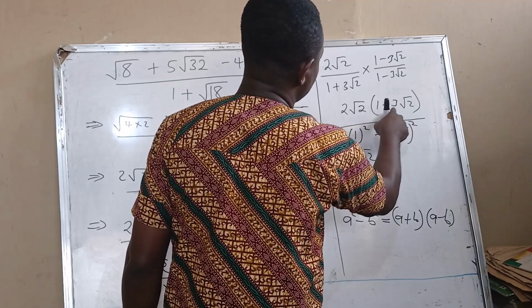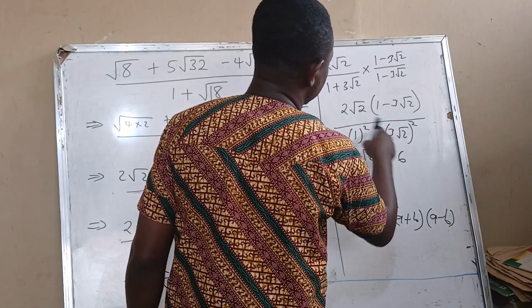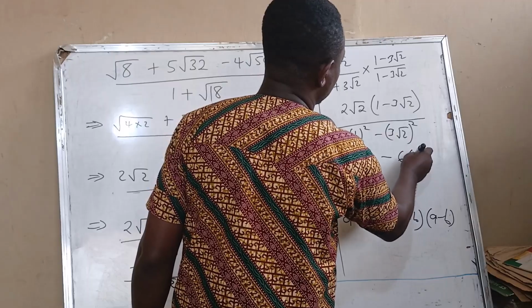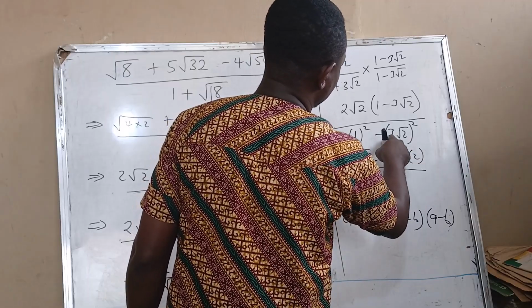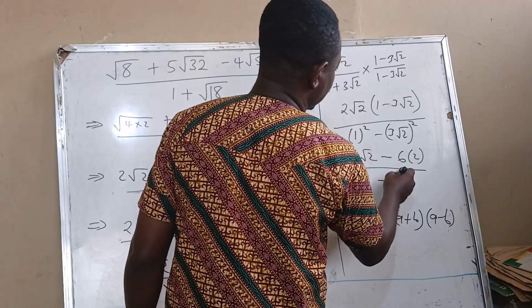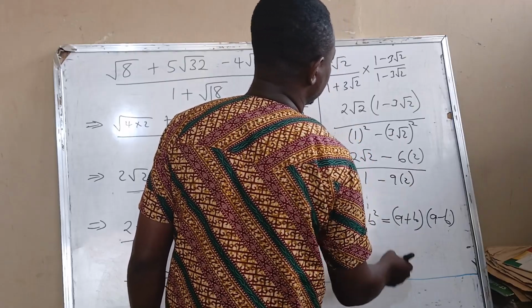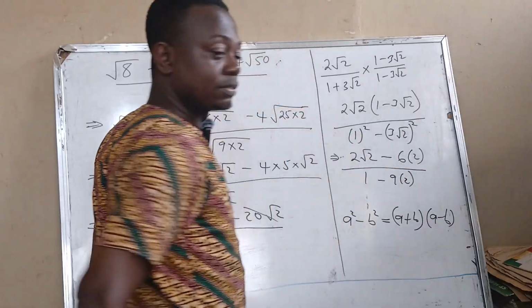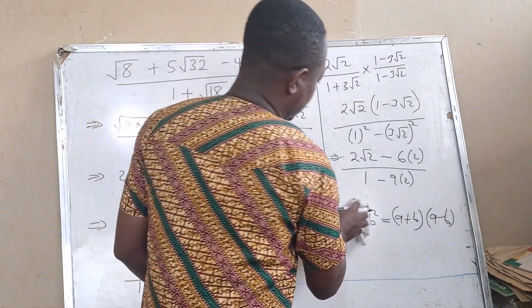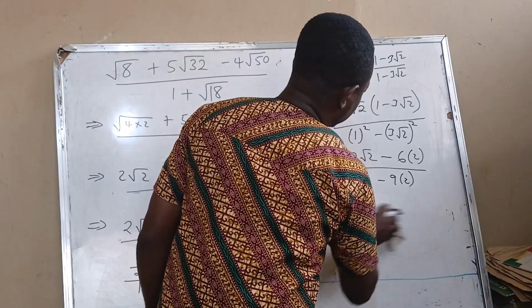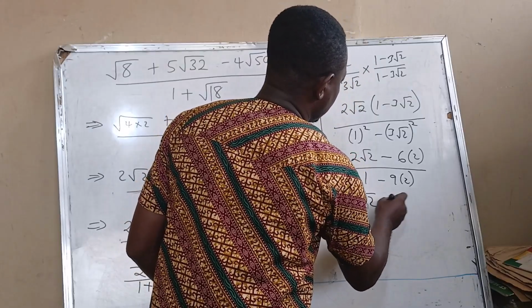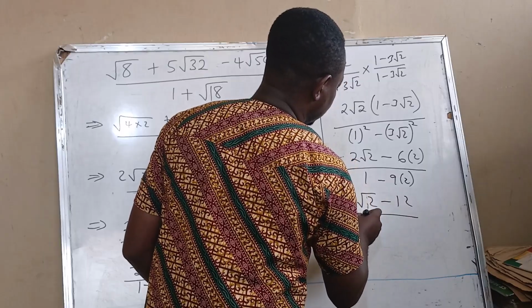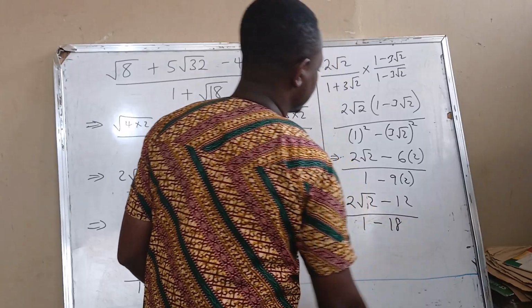The coefficients will multiply, 3 times 3 is 9, and root 2 times root 2 is 2, okay? So we have 1 minus this one squared, 9 times 2. So this one squared, we remove the root sign. Okay, so we have 2 minus 12 on 1 minus 18.